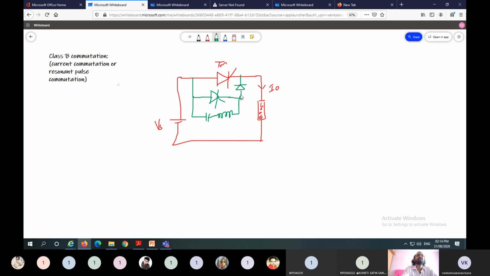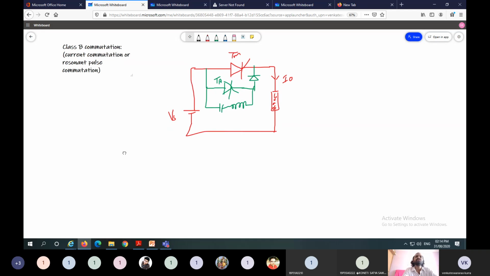This one is a resistor, inductor and capacitor. This is our main thyristor, and this one is the auxiliary thyristor. Here, all the elements represented by green ink are commutating elements. The main circuit elements are the main thyristor and load source. The red elements are normal elements, and green elements are commutating elements which are used to turn off the main thyristor TM.